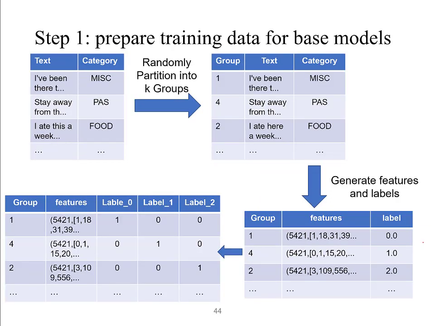So as a summary, this is the raw data frame. We randomly partition them into k groups by assigning the random group ID, generate features and the labels, and further divide the labels into 3 label columns, label 0, label 1, and label 2. So this one is used to train the base classifiers for training.